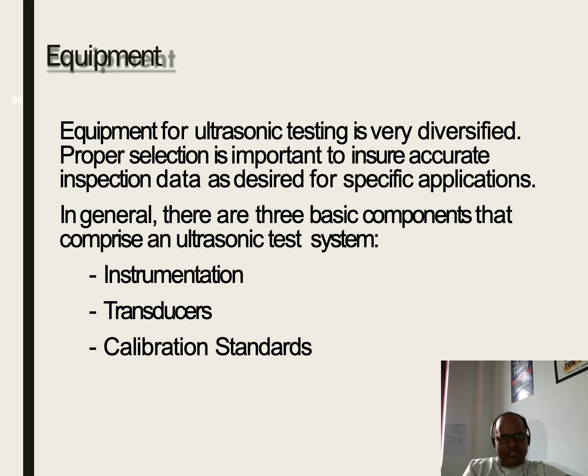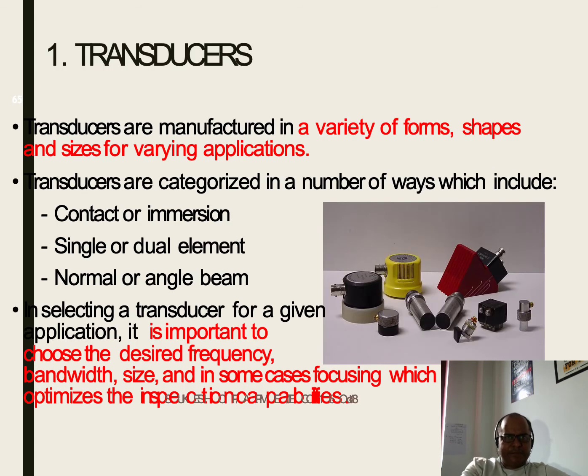Equipment of ultrasonic testing. Equipment for ultrasonic testing is very diversified. Proper selection is important to ensure accurate inspection data as desired for the specific application. In general, there are three basic components that comprise an ultrasonic test system: instrument, transducer, and calibration standard.